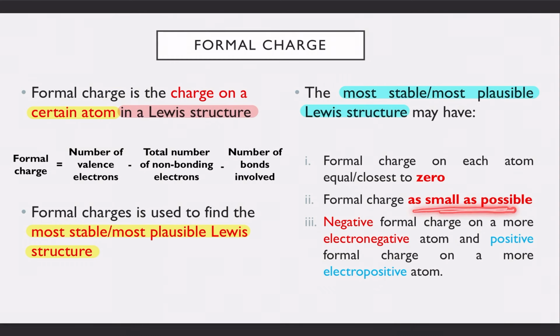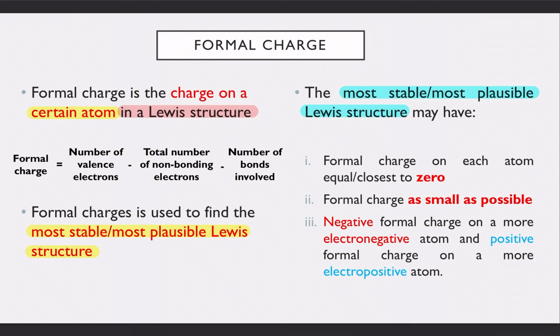And then, your negative formal charge, let's say -1 or -2, is on the more electronegative atom, for example oxygen, Cl, fluorine. The more electronegative atom will bear the negative formal charge, and the positive formal charge will be on the more electropositive atom.